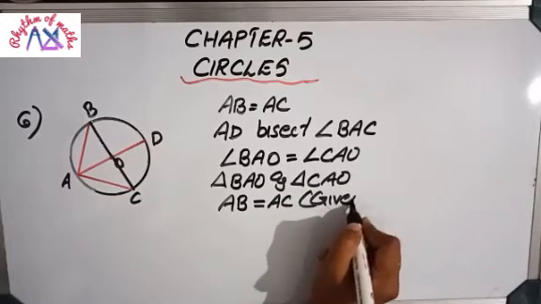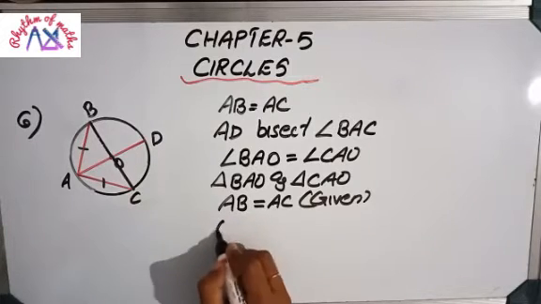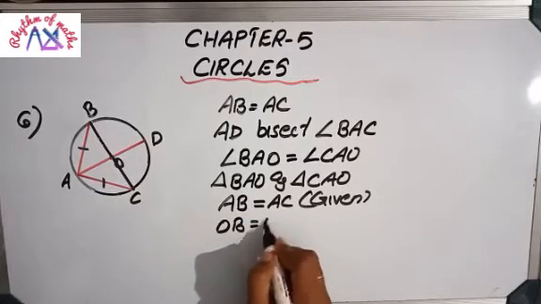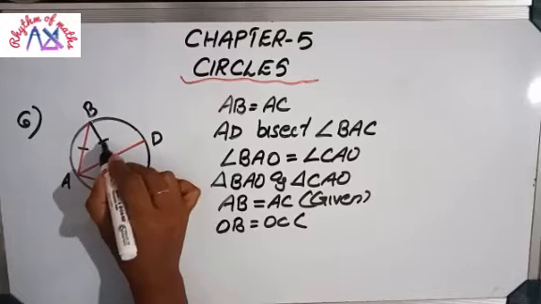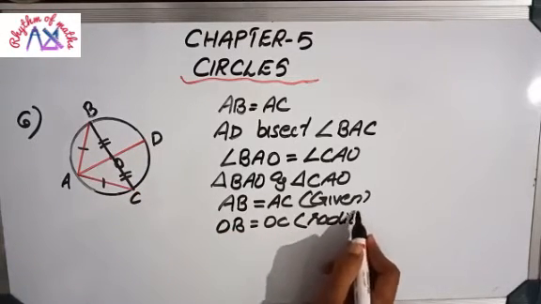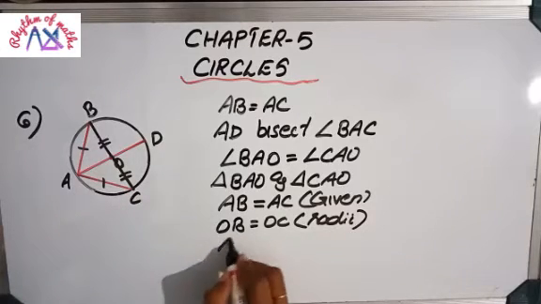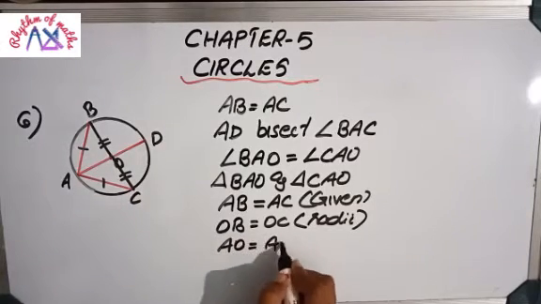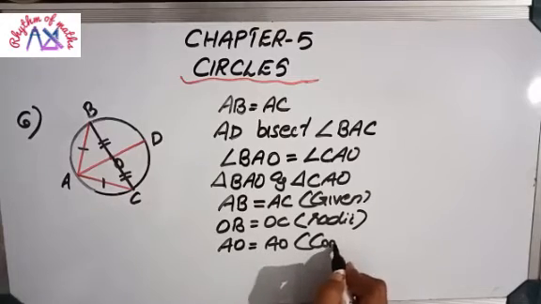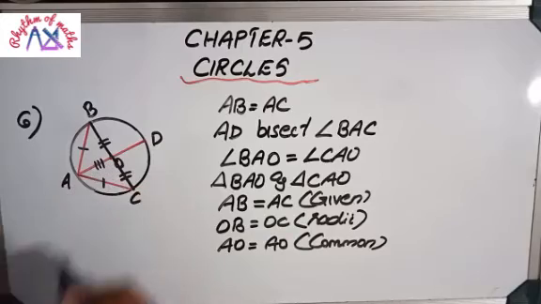Next, OB equal to OC, both are equal, second side. Why? These two are radii. Now AO equal to AO because it is common. So the third side is also equal.